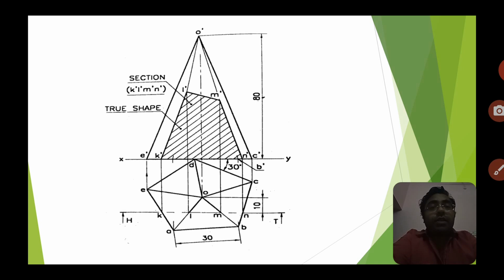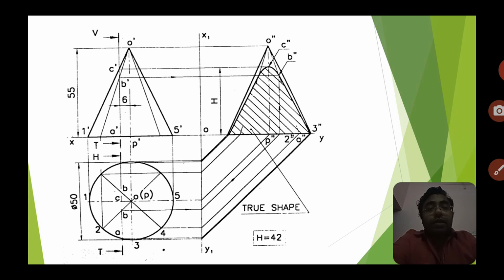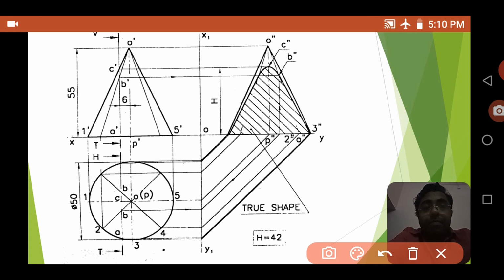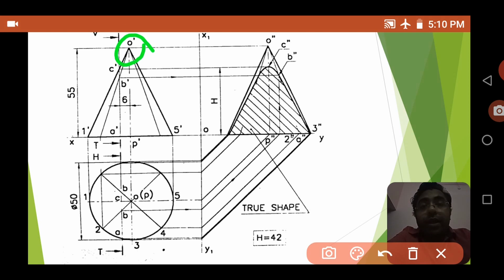It is given that it is cut by a section plane which is 6 mm away from the axis, and show the sectional side view. So this O dash point and the P dash point is the axis line, and you have to mark 6 mm from here, away from the axis.